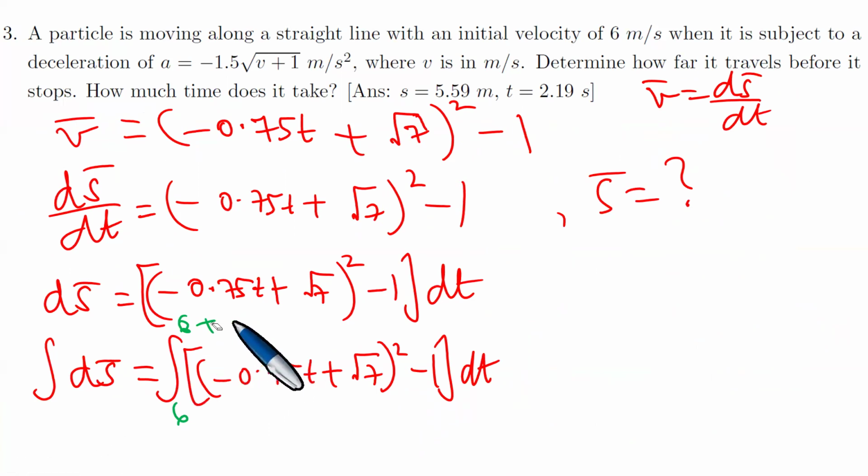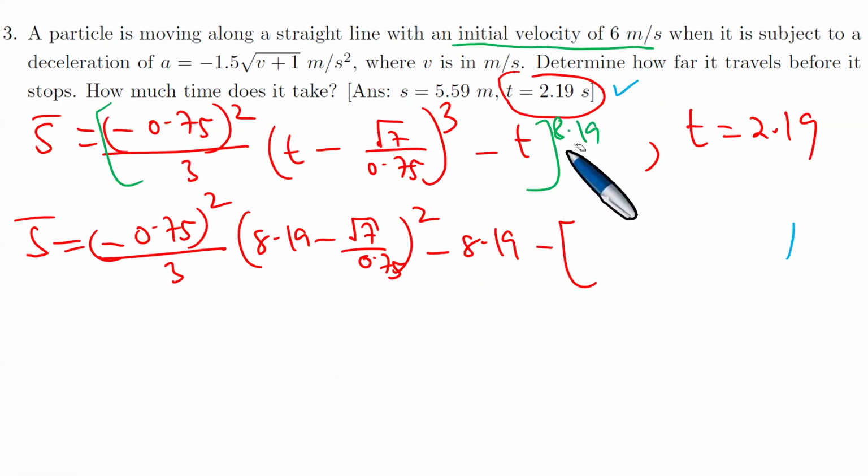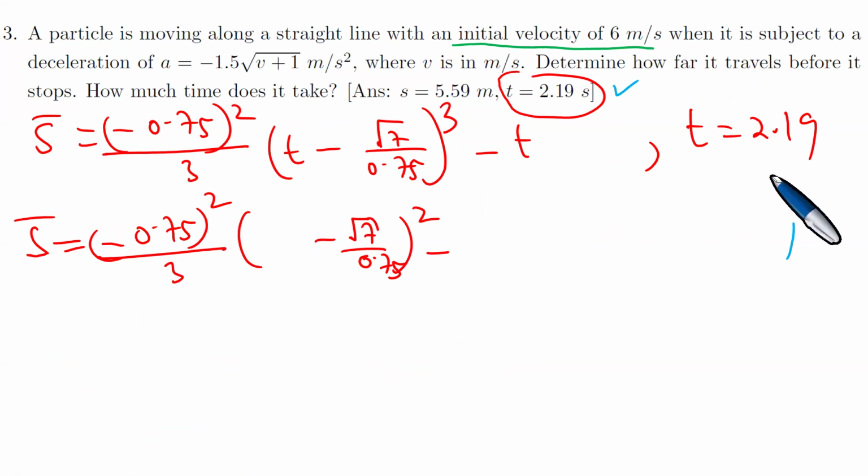I'm trying to check. The initial time was 0, although the velocity was 6. But yes, the time was 0. I'm trying to discover why this is not quite working out, because it must work out when we say the time is 2.19.